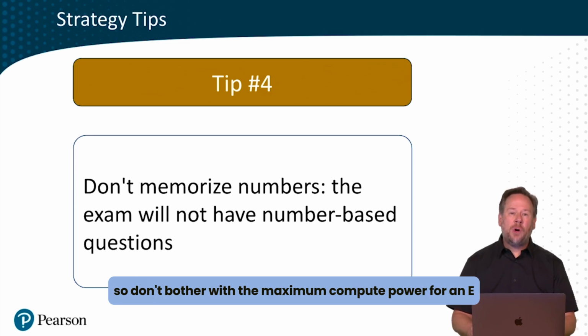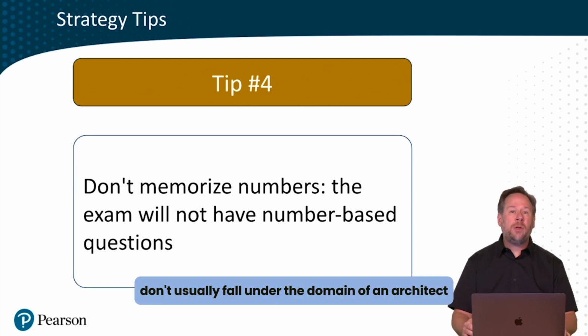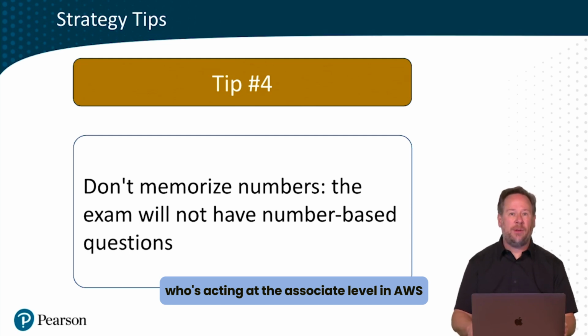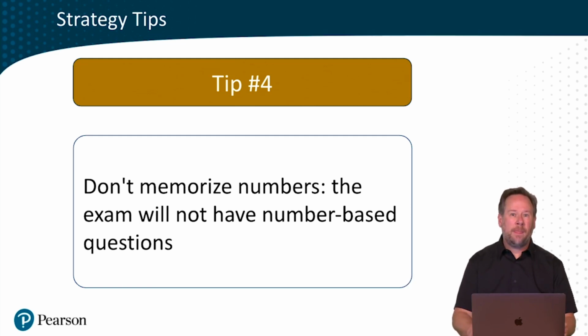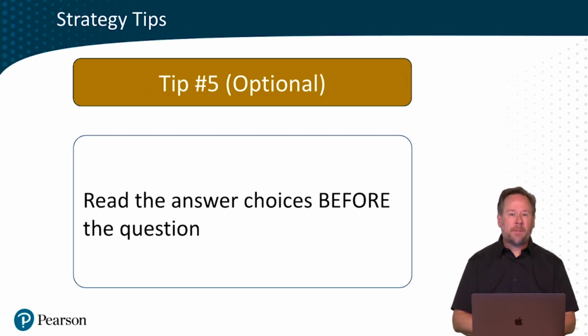So don't bother with the maximum compute power for an EC2 instance or the maximum throughput from one service to another, because these types of questions don't usually fall under the domain of an architect who's acting at the associate level in AWS.